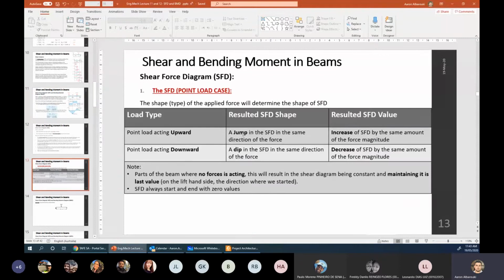Obviously, the direction of that movement will be the same as the sign of that force. If we have the force pointing downward, that means the change will be downward. If the sign is positive, which is the force pointing upward, that means that movement will be a jump upward.